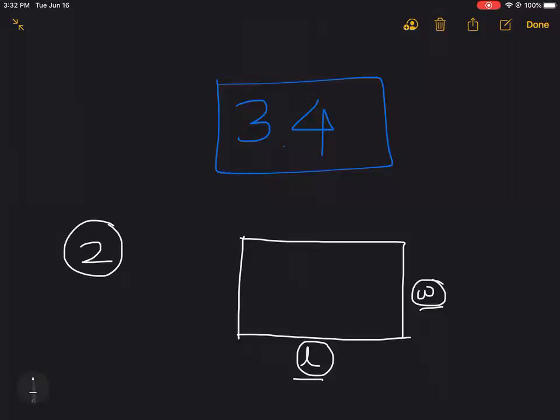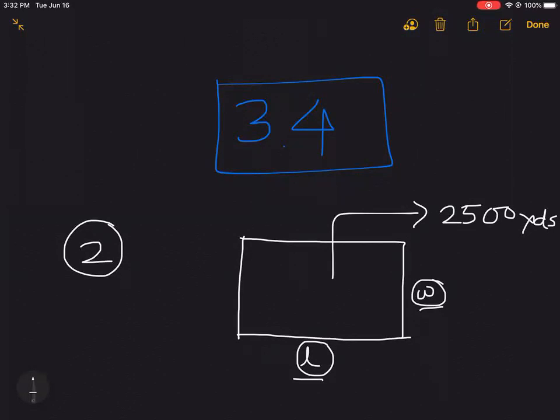So again, we know the area of this rectangle is 2,500 yards. Okay, we know that. But if you look at the question, it says we need to fence that rectangular field, to enclose it.